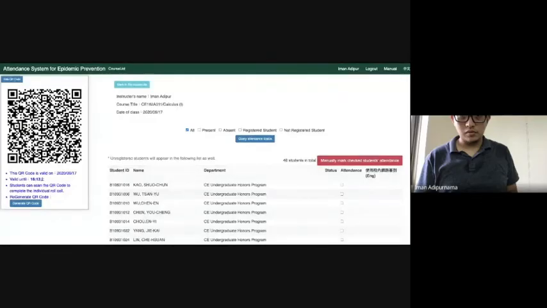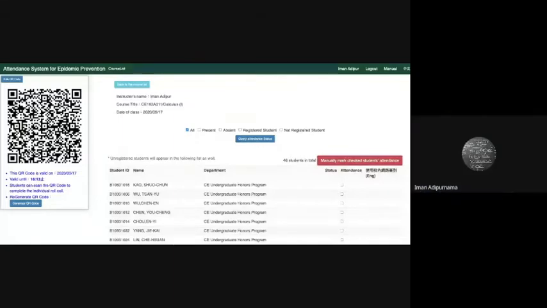Stop sharing. Okay, this is the QR code. If you find it difficult to scan, you can go to the front or take a picture with my laptop. And also for online students who didn't scan the code before, you can scan now.